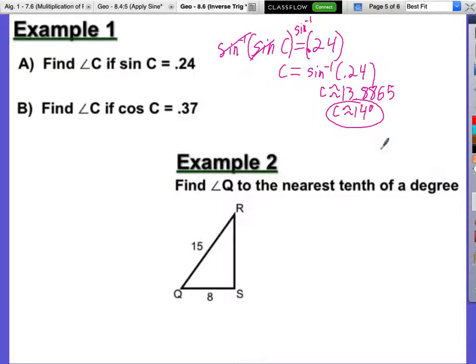What did you get? People raise their hands. How did you get that? Go ahead, help check. Put it in a calculator.